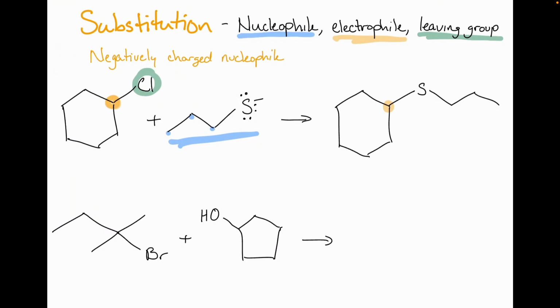This pair of electrons here is actually what makes up my new bond over here. That's where that negative charge goes; it becomes a bond. And then the other one that we talked about were neutral nucleophiles.